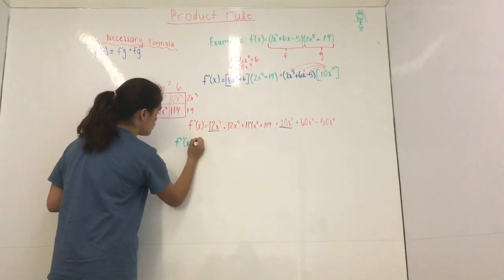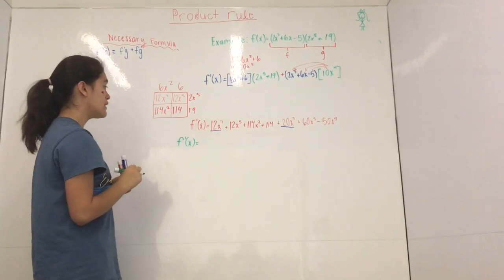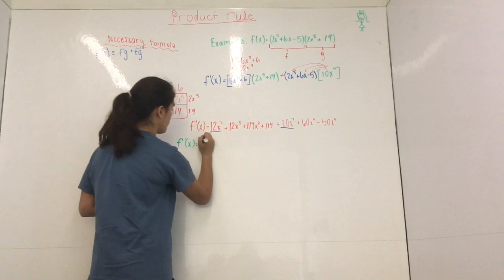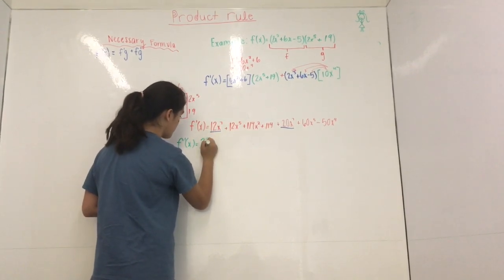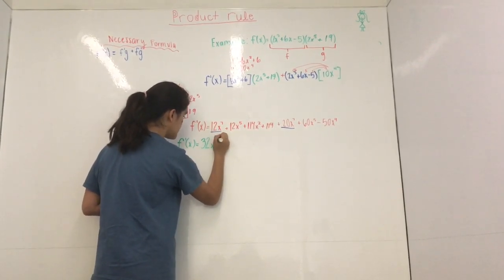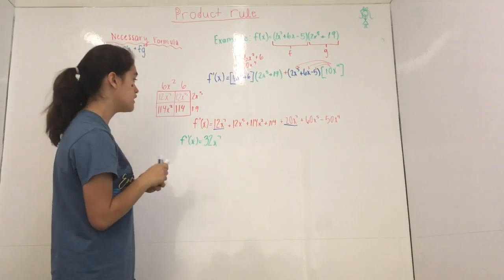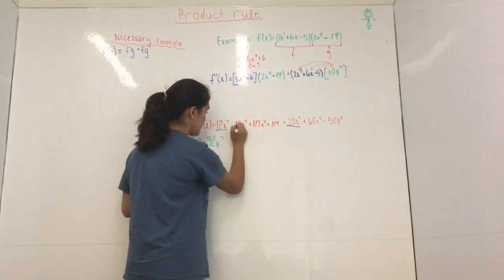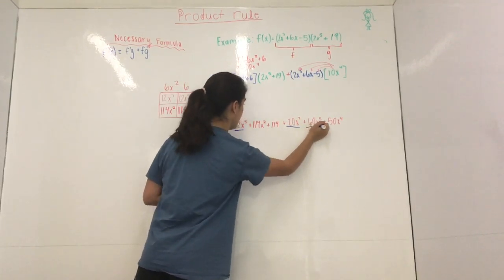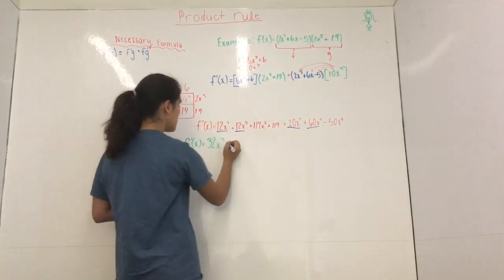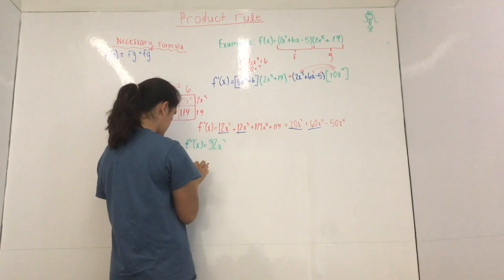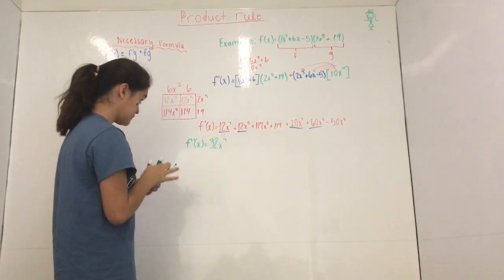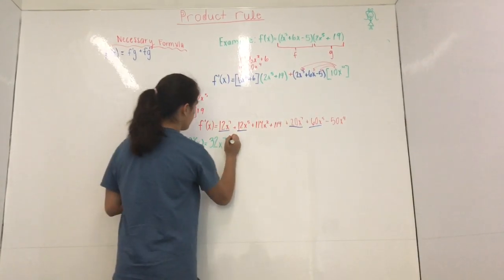So when you combine those two terms, you end up with 32x to the 7th. Then we're going to look and we see that our next term is to the 5th. So the 5th, 5th, and when you add those, you get 72x to the 5th.